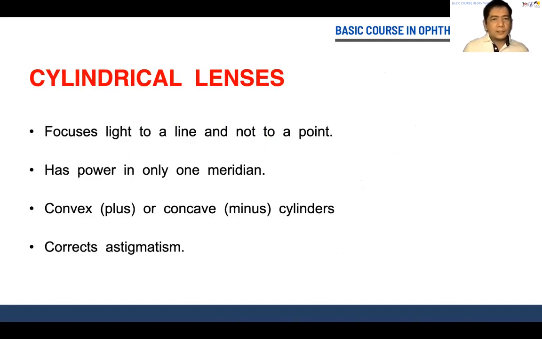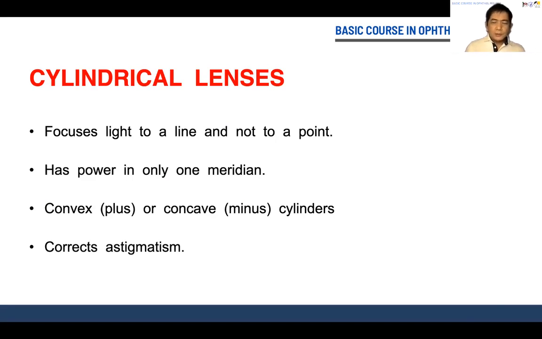What are cylindrical lenses? Cylindrical lenses focus light to a line and not to a point. It has power only in one meridian. A spherical lens has power in all meridians, while a cylindrical lens has power only on one side or one meridian. It comes with convex or plus, or concave or minus cylinders.